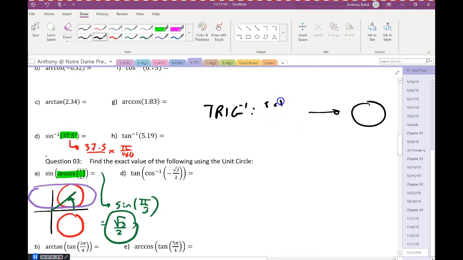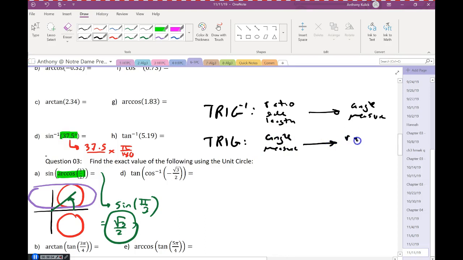So we have a ratio of side lengths. And we get back an angle measure. The regular trig functions like sine, cosine, tangent, etc. take an angle measure and give back a ratio of side lengths.